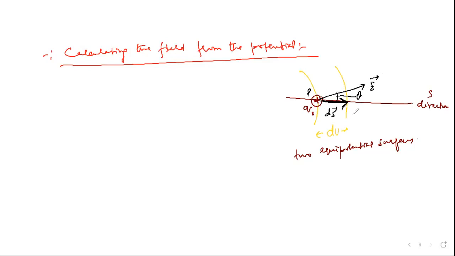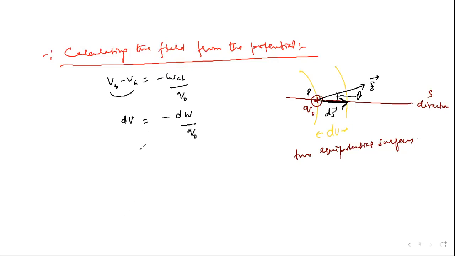So what is that? We know this expression VB minus VA is equal to minus WAB by Q naught. So this is my dV now. This is my work I represent by dW, which is being done on test charge.